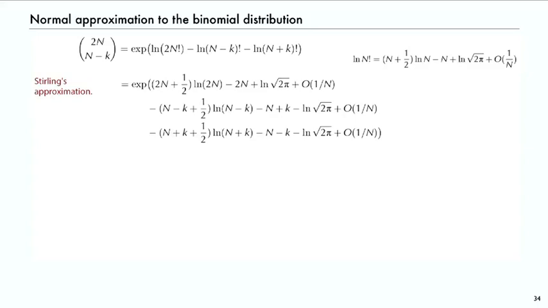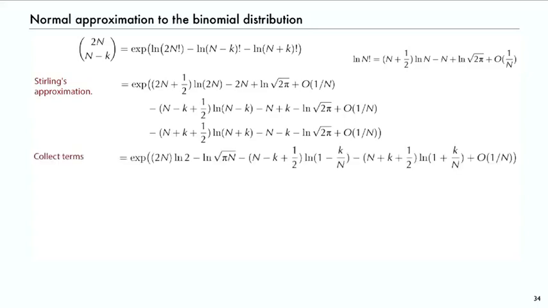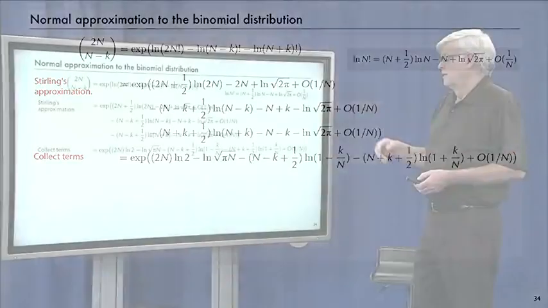Where we start to have to carry terms that involve O of k over n is when we expand log n minus k to be log of n plus log of 1 minus k over n, and log of n plus k to be log of n plus log of 1 plus k over n. Those k over n's, in those asymptotic series, are the ones that give us some complication.